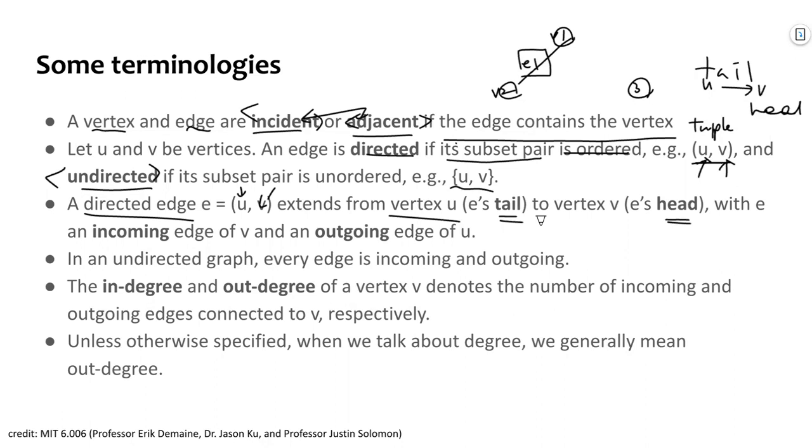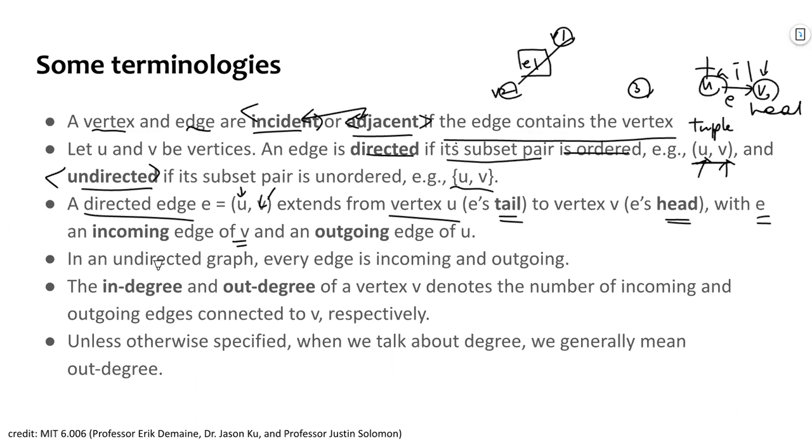And another term is that the edge E is an incoming edge of V. This is very intuitive because the edge is pointing to the node V. So we say this edge is an incoming edge for node V. And this E is an outgoing edge of U. So these terms are quite intuitive.